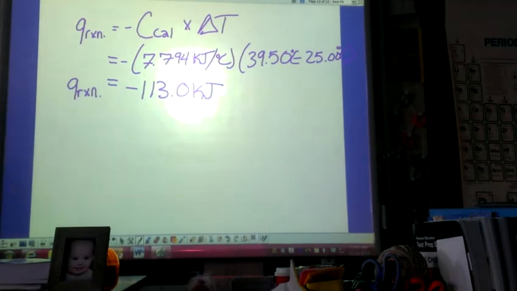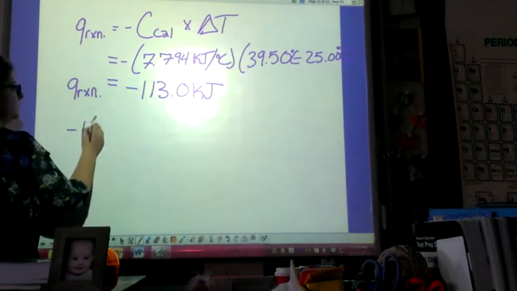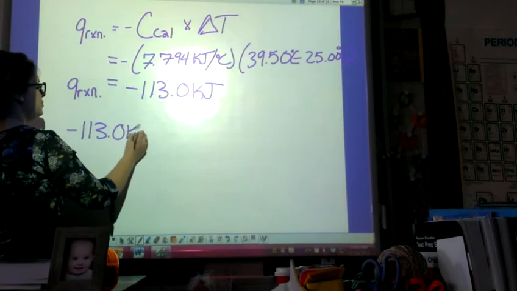But they told me to calculate the heat of the reaction for a mole of CH6N2. I don't know how many moles of that I have because they didn't give me that. They told me grams. So I know that this reaction is going to take place with 113.0 kilojoules.